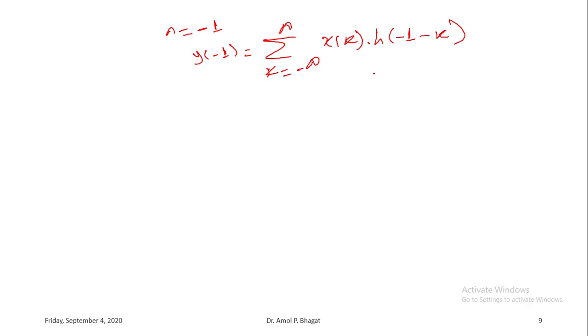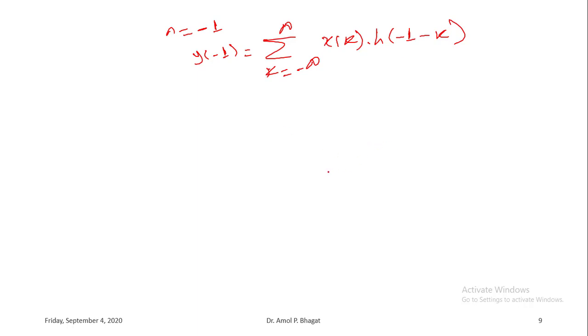Okay, so for n is equals to -1, we'll get formula y of -1 is equals to summation k is equals to minus infinity to infinity x of k into h of n minus k. So value of n is -1 minus k. So we have this h of minus k already present, right?